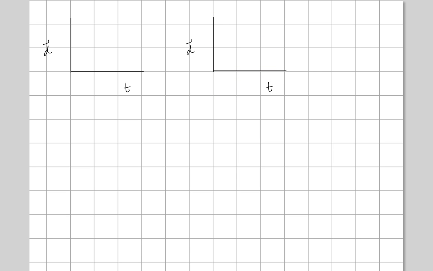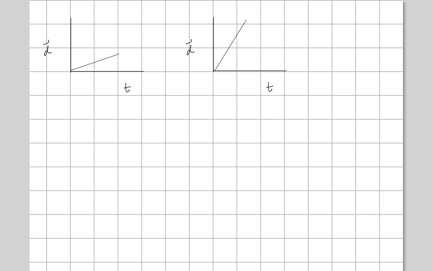Okay. Let's draw in some graphs. Let's compare. Let's look at those two graphs. Which one's moving faster? Good. Because slope has to do with speed for a DT graph, if it has a steeper slope, it has a higher numerical value, has a higher magnitude, and therefore a higher speed.